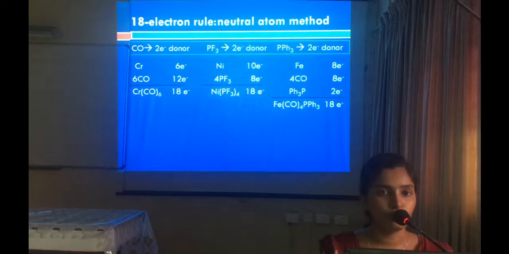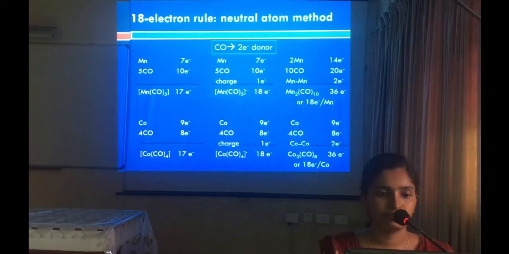Both of these ligands are neutral and hence the oxidation state of iron will be 0. The iron can donate 8 electrons, each carbonyl can donate 2 electrons and hence 4 carbonyls give 8 electrons, and the phosphine can donate 2 electrons. The total sum is 18 electrons. Hence all these three complexes obey the 18 electron rule, and hence they are stable.